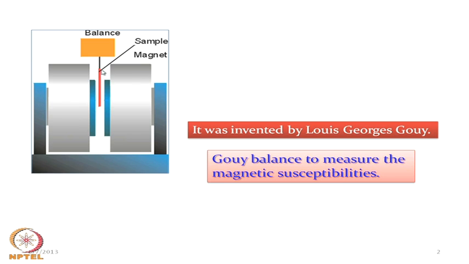So, here we do not have any kind of magnetic field. We have to go for the integration from 1 to 0, that means from the maximum possible magnetic field to a zero magnetic field situation, and in that situation we measure the corresponding change in weight. That is why we require a comparatively large amount of sample to fill this tube, and the tube is placed inside the magnetic field.